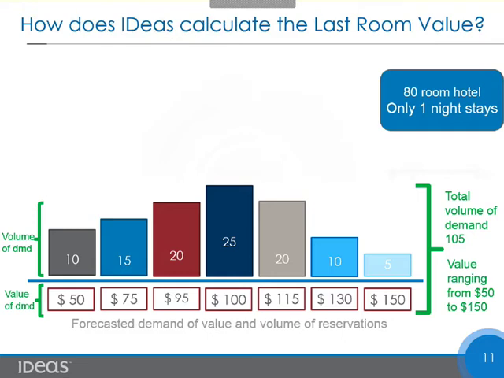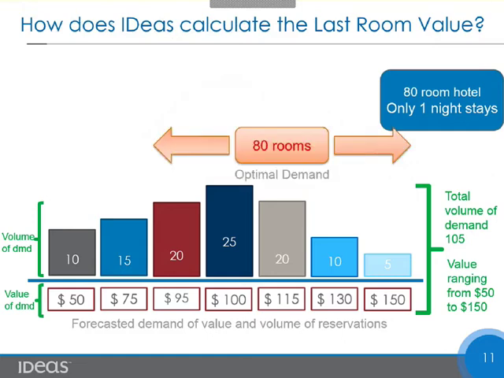The total demand for this hotel for this day is 105, and the value of the demand ranges between $50 and $150. Now, what is the optimal number of rooms I should take on this day?